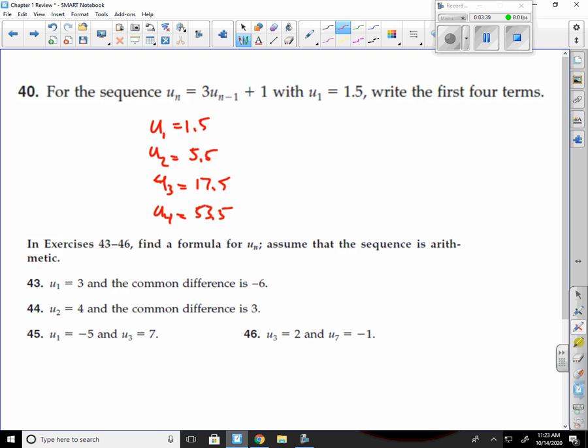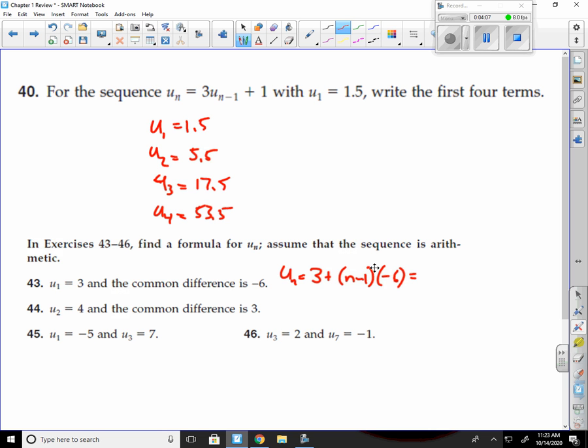Exercises 43 to 46. Find a formula for u sub n. Assume that the sequence is arithmetic. So if we write the formula for u sub n, I'm going to write it in the explicit form. So u sub n equals u sub 1 plus n minus 1 times my common difference, negative 6.